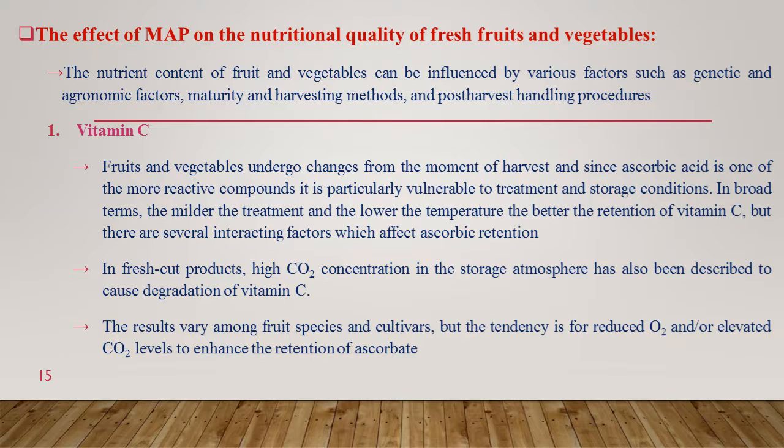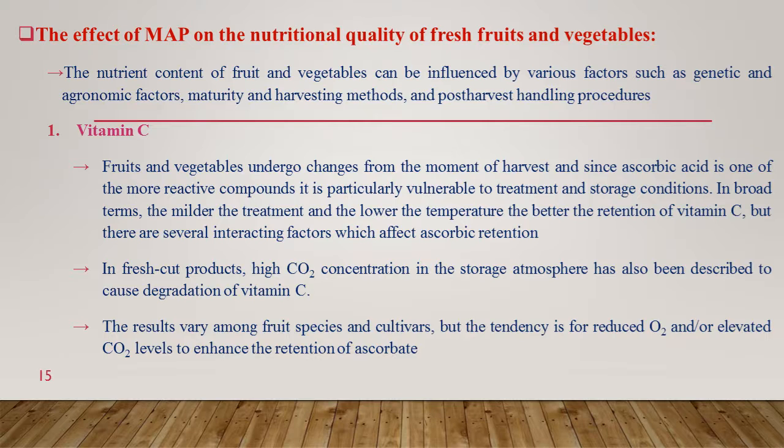In fresh-cut products, high carbon dioxide concentration in the storage atmosphere has also been described to cause degradation of vitamin C. The results vary among fruit species and cultivars, but the tendency is for reduced O2 and carbon dioxide levels to enhance the retention of ascorbate.